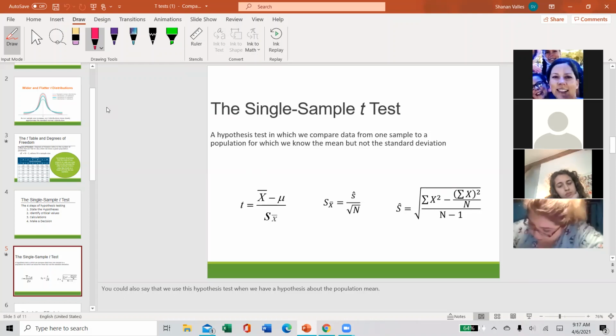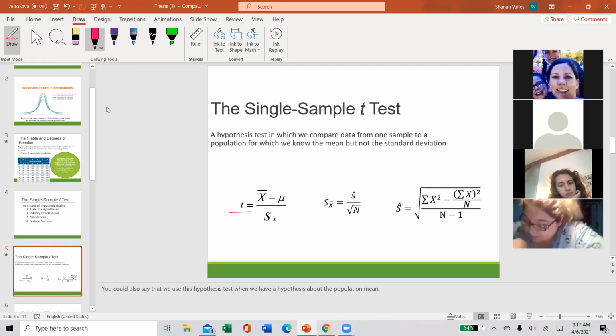So this is ultimately our t that we're going to be finding and using, and that t value, that number, is going to be the one that we compare to the critical value. Once we get our t value, we're going to see if it exceeds or finds its way into the rejection region.